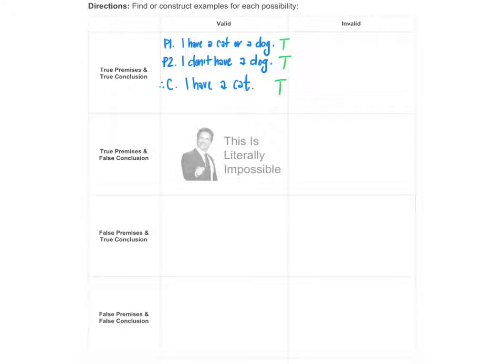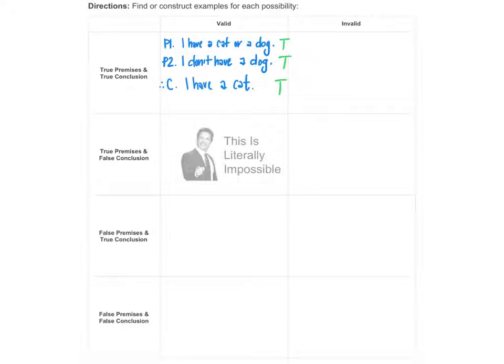So it has to have a true conclusion as well. But what's really important to understanding validity is that it doesn't really matter to us that these happen to be true, all 3 of them. This is just a special case of a valid argument.